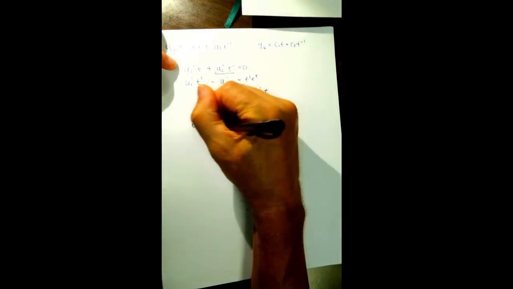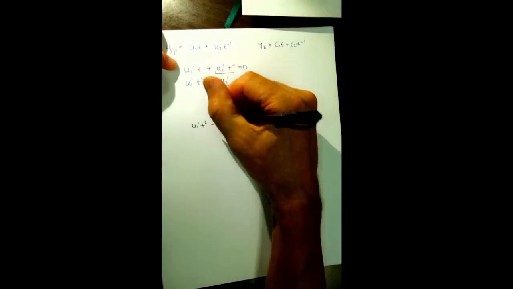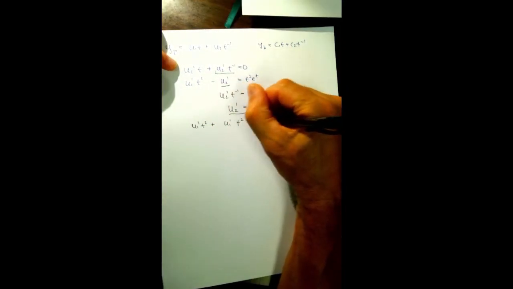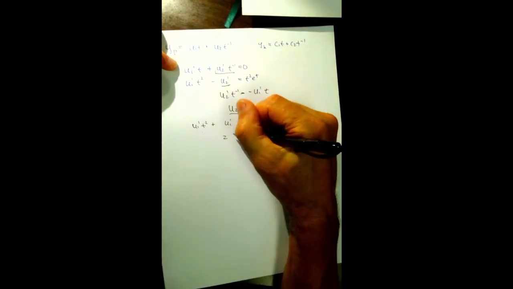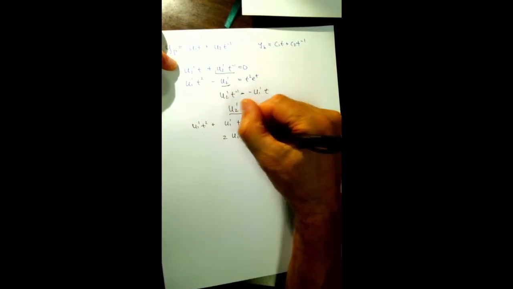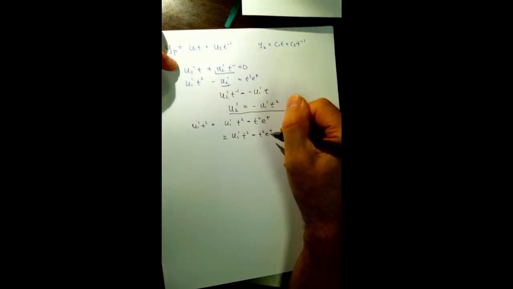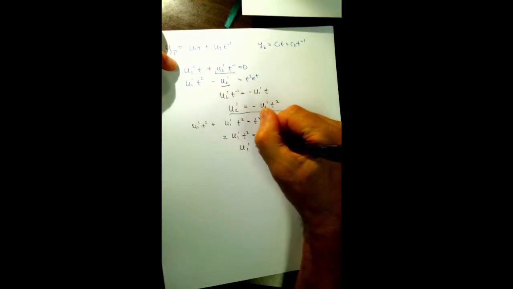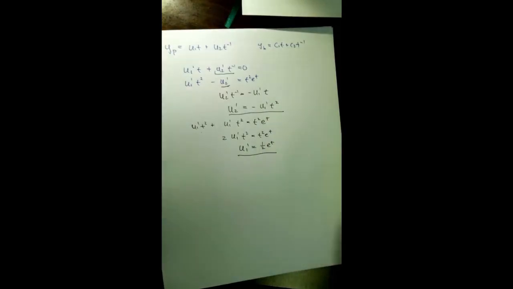Get u1 prime t squared minus u2 prime, so minus a minus u1 prime t squared is t squared e to the t. Pulling those together, I get 2 u1 prime t squared is t squared e to the t. Divide out the 2t squared, and I'm going to get 1/2 e to the t. So those are my two equations.